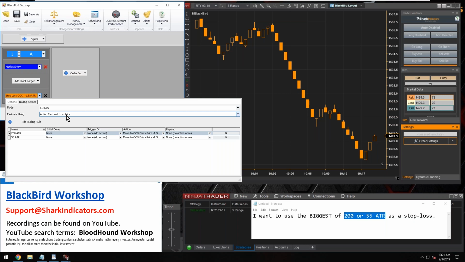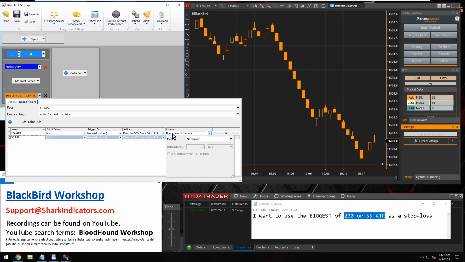Because of this main operational mode, it's going to make it tougher to tighten your stop loss up. But the good thing is that this 200 ATR and 55 ATR rule only will execute one time. Their repeat is set to one time here.